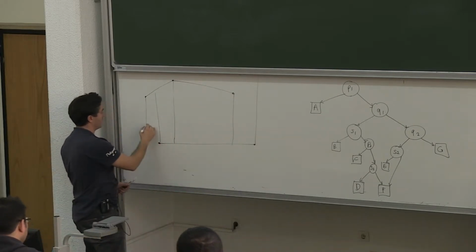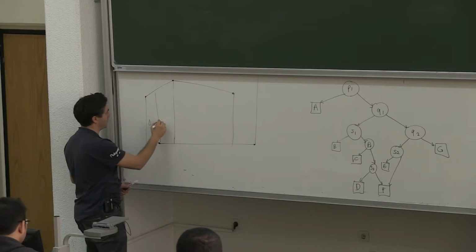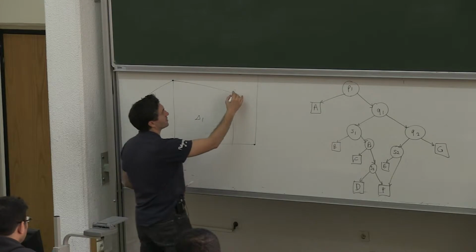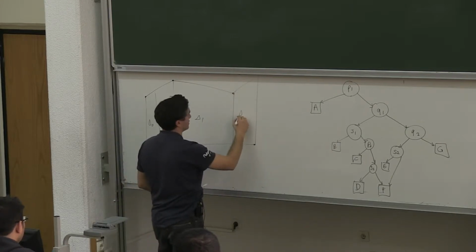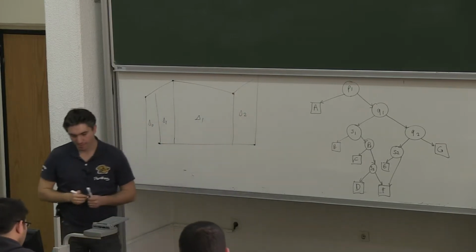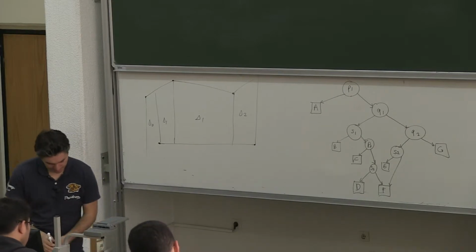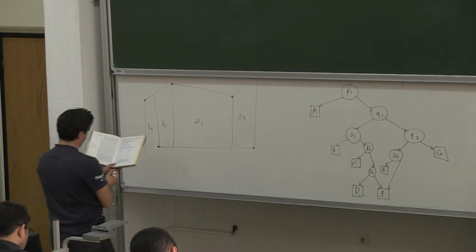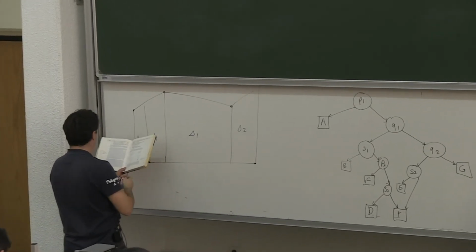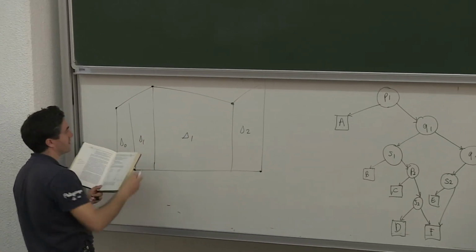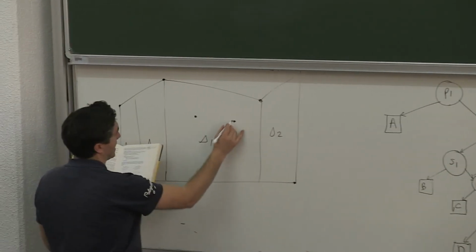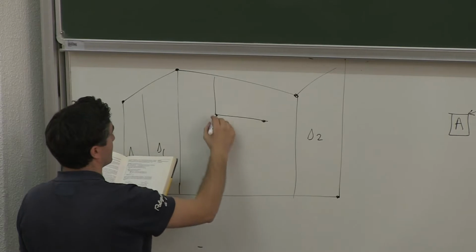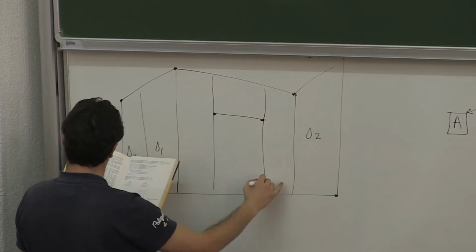I'm going to name them delta 0, delta 1. So these are my existing trapezoids, delta 2. Actually, in the example I had another possibly non-intersecting line segment. This is again an existing line segment here. These are the vertical extensions.